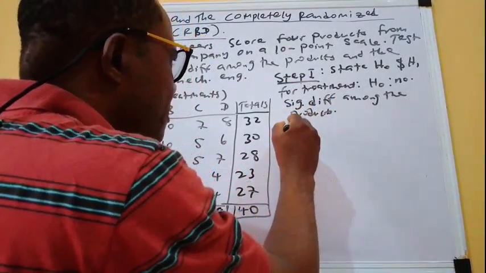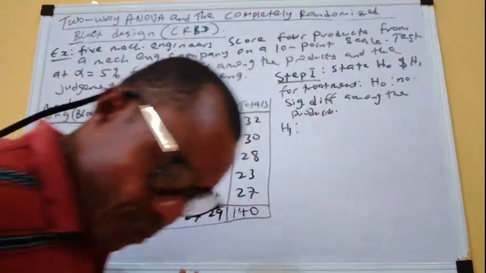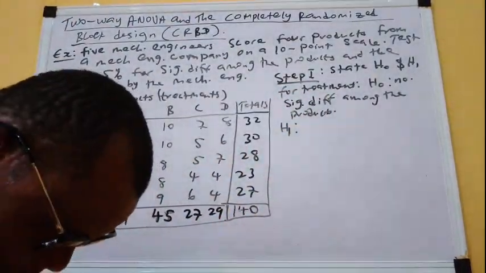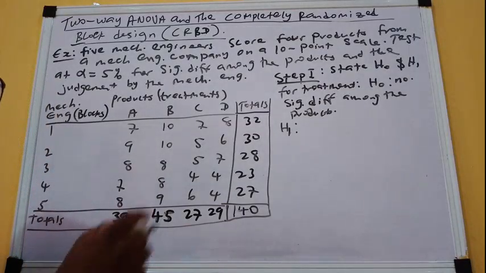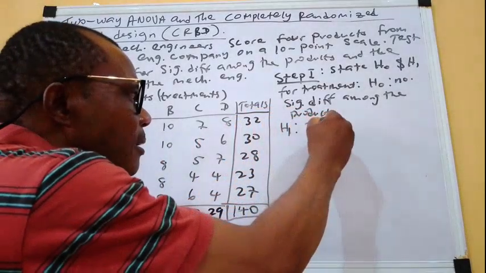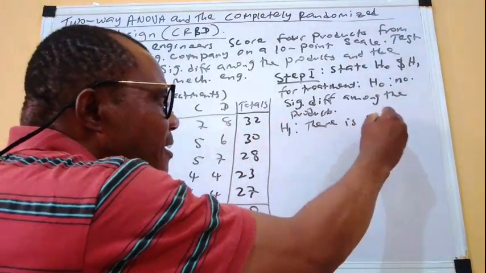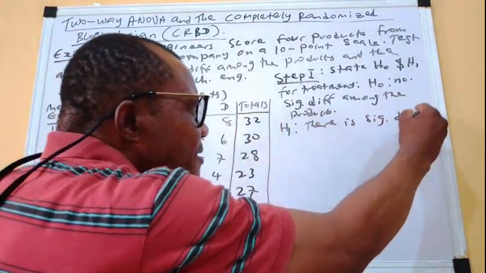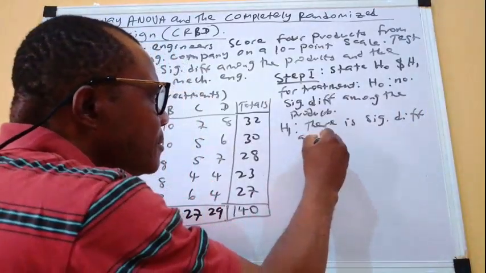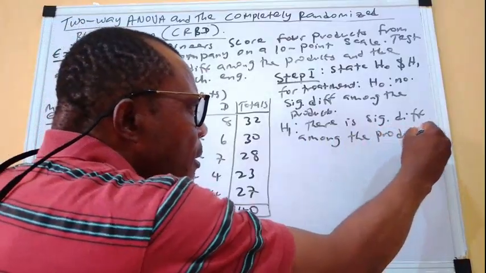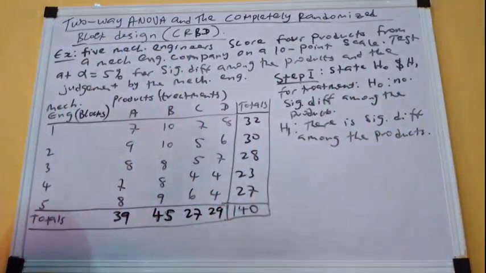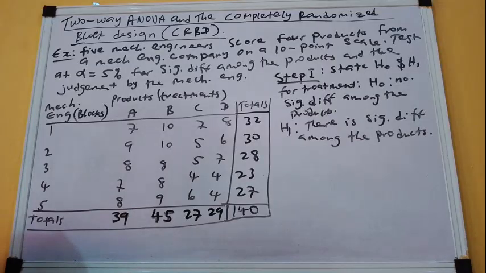Then our H1, you know, the H1 is always contradicting the H0, will say there is significant difference among the products. So you can see that.